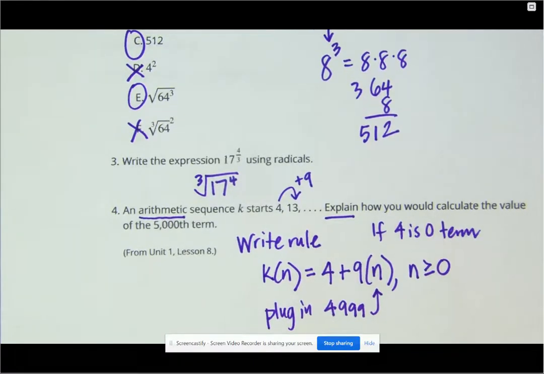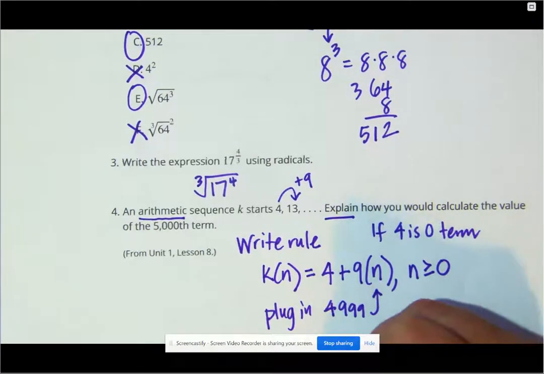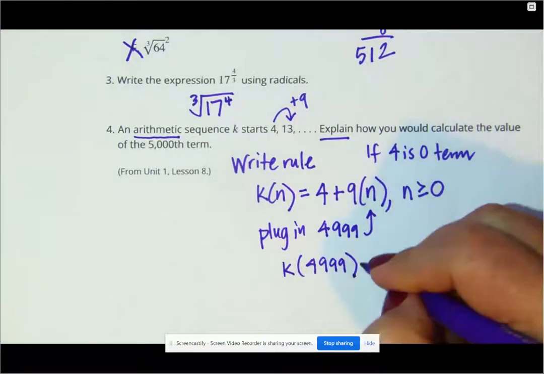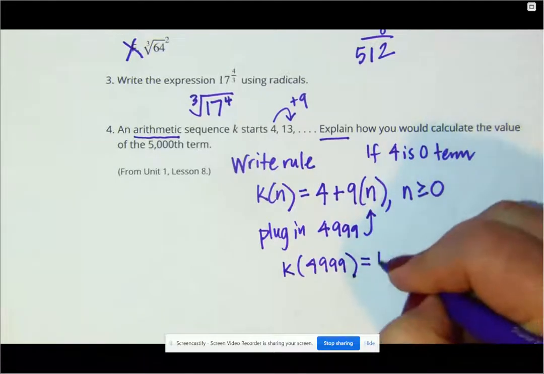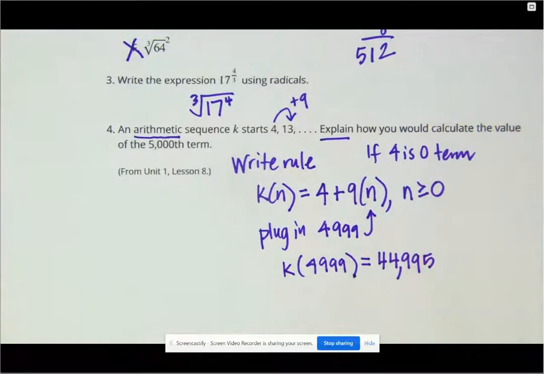What is 4 plus 9 times 4,999? So I plug 4,999 in there. I get 44,995. All right, that was a blast from the past. Sequences. All right, moving on.